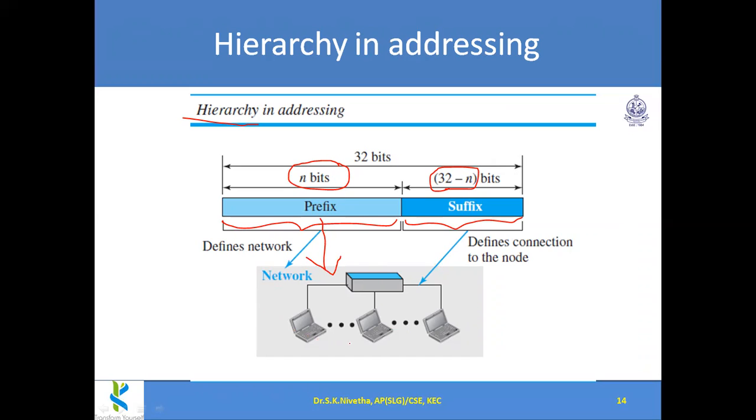If I assume this is a complete network, then the prefix represents the whole network and the suffix represents the exact connection, the interface or connection to a host. We should remember that. The prefix is known as net ID, and the suffix is known as host ID.